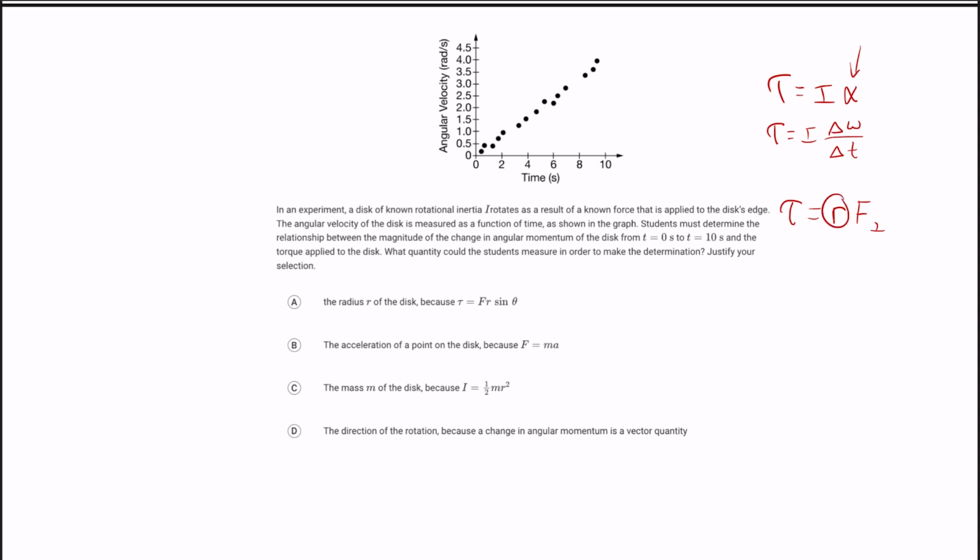So in order to calculate a changing torque without velocity, we'll need the radius, or the distance from the axis of rotation where our torque is being applied. If it's a disk, then it's the radius of that disk. So if we can measure the radius of the disk, we would know everything we need to calculate torque, both with respect to angular velocity and without respect to angular velocity. That means that, looking at the answer choices, if we can measure the radius of the disk, we'll know everything we need.